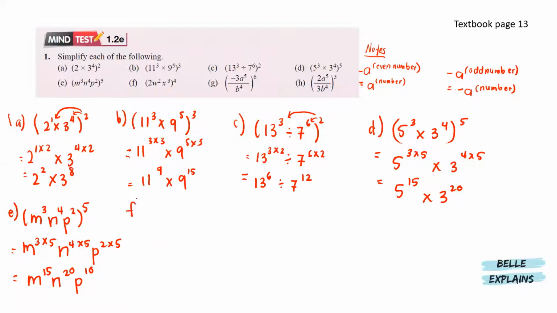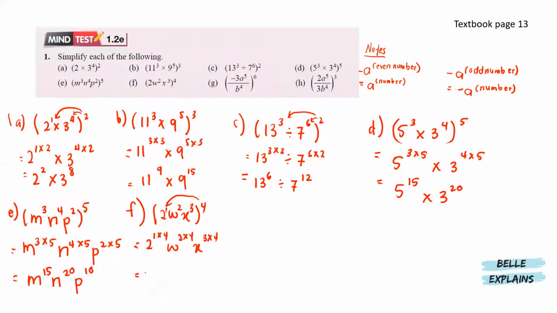For F, we have 2, w to the power of 2, and x to the power of 3, all to the power of 4. So here, the number will also be multiplied. Since here there is no power, it means it is 1. So it will be 2 to the power of 1 times 4, w to the power of 2 times 4, and x to the power of 3 times 4.